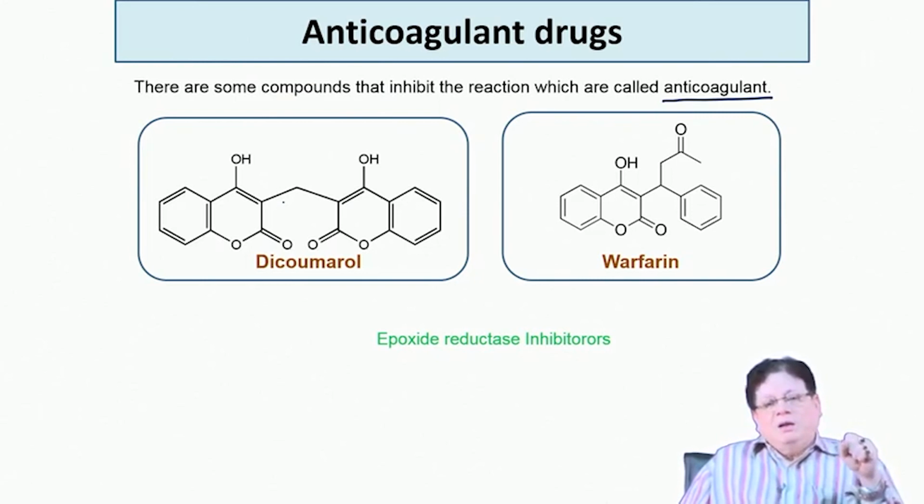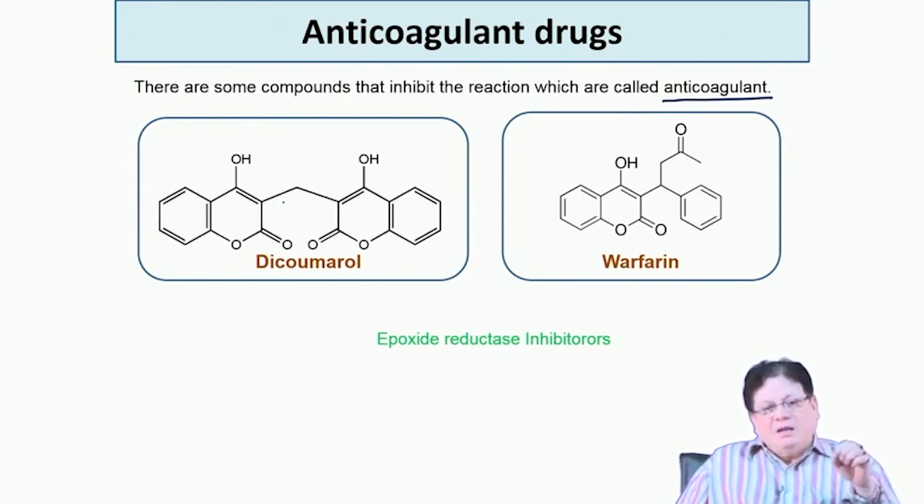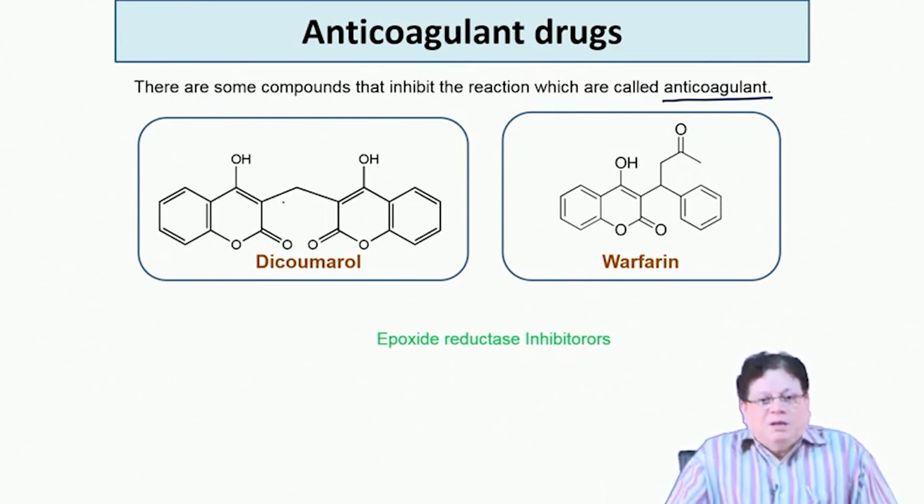So, if you can make the blood not clot, because clotting means you are increasing the viscosity or density of the blood, and if you can stop this coagulation process, because many of the strokes and heart attacks are basically caused by the formation of clots, because they are precipitates, they are solids. So, they can block the valves in the heart, or if they go to the brain, that causes a cerebral attack.